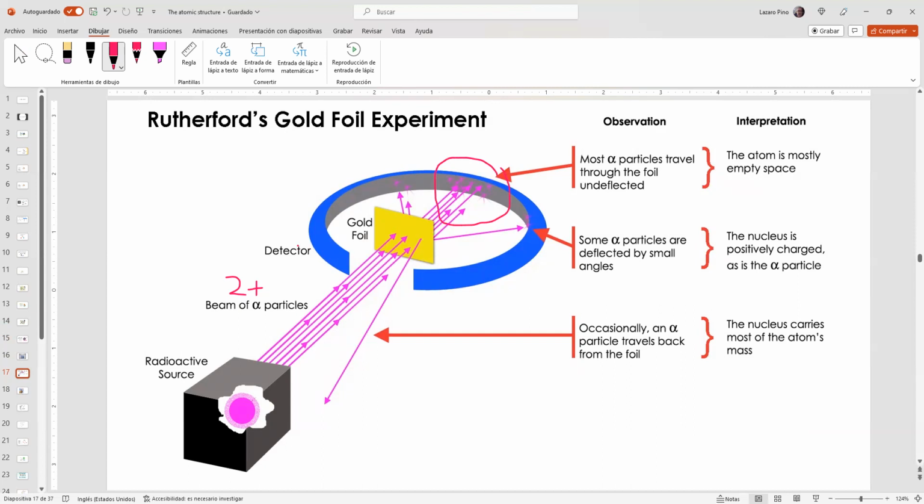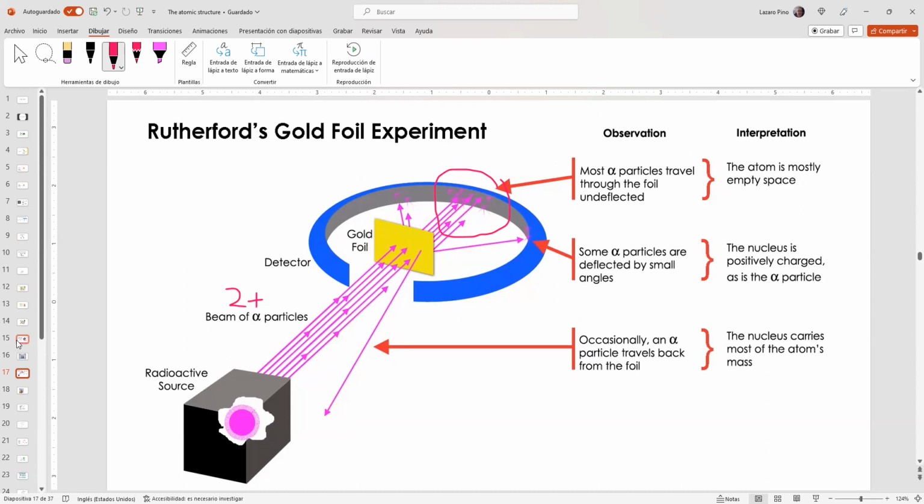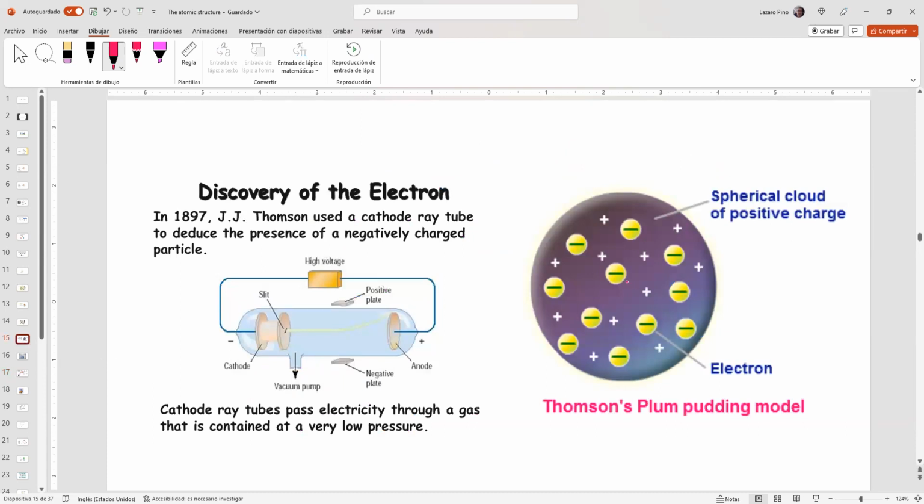Well, positive and positive repel. Then the mass of the foil is not positive, as was represented by Thomson.